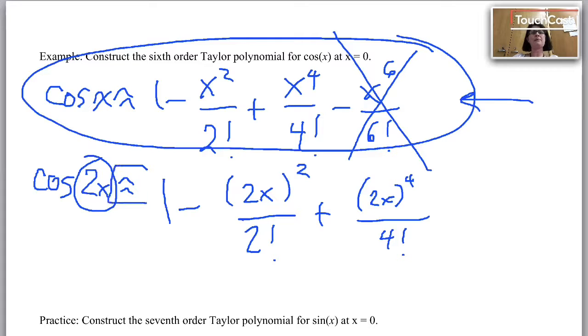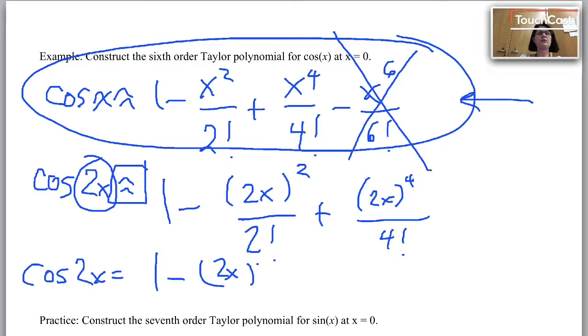Notice you absolutely must use approximately equals here. If you wrote cosine of 2x equaled 1 minus 2x squared over 2 factorial plus 2x to the 4th over 4 factorial, you would not get full credit.